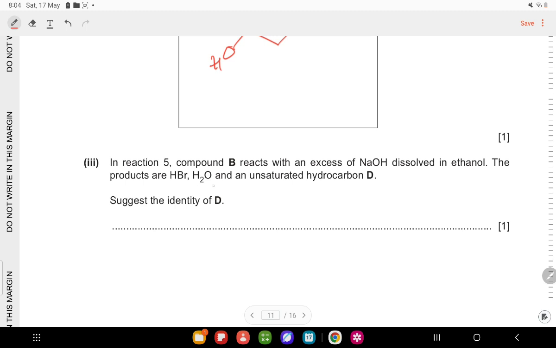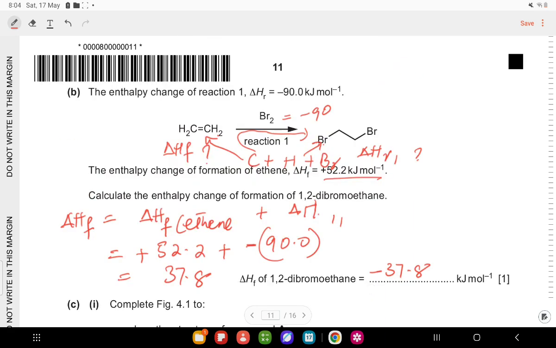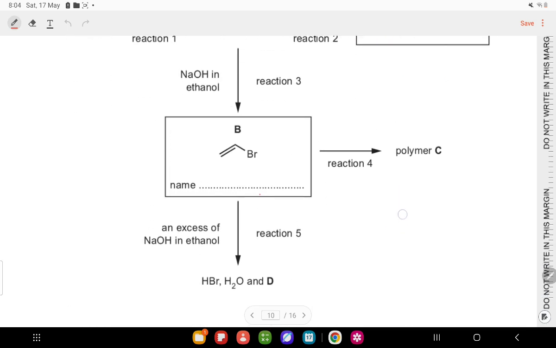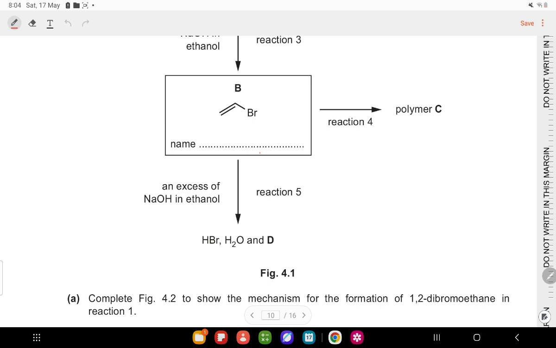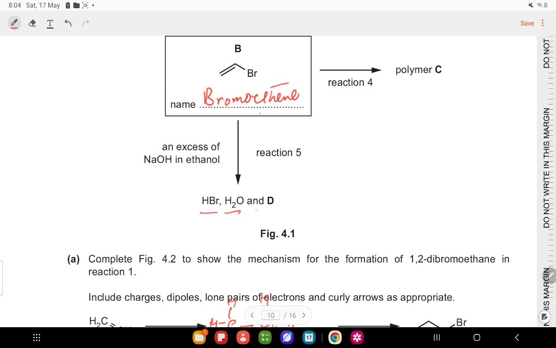The products are HBr, H2O, and an unsaturated hydrocarbon D. Suggest the identity of D. In excess of this, the name is bromoethene. HBr and water and D is formed.